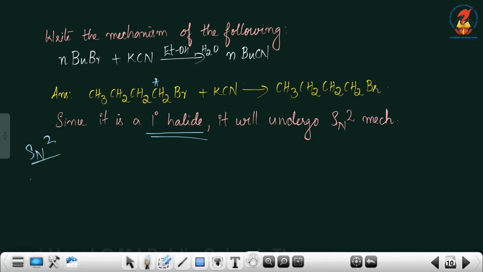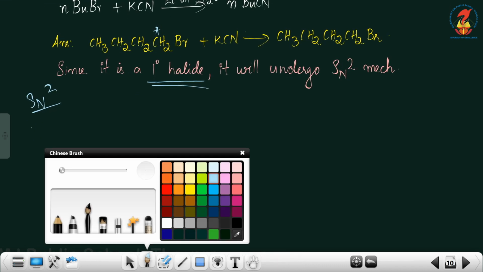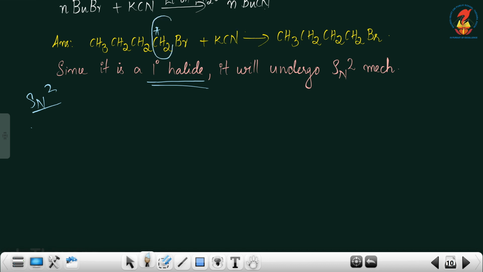We know that it is a one-step mechanism. So how can we write it? We need to expand only the X attached carbon here. First we write the carbon-bromine bond. Which are the other groups on this carbon? One is hydrogen, one more hydrogen, and another group is CH2, CH2, CH3.